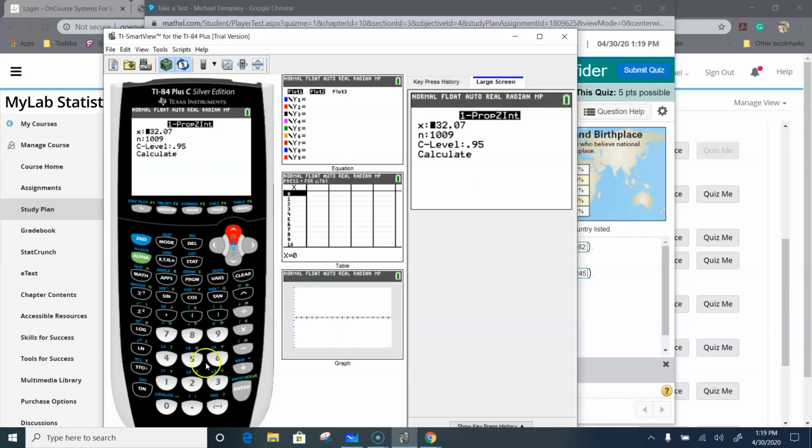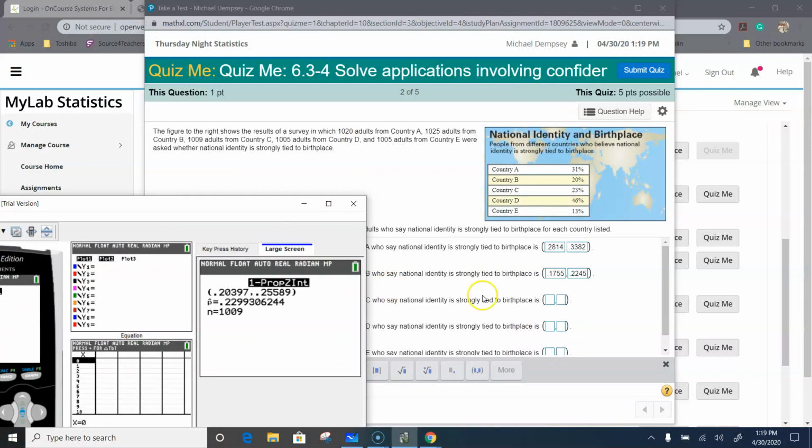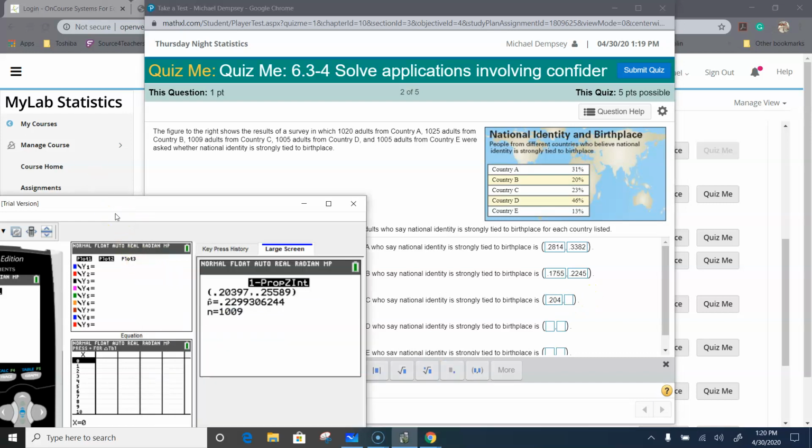So that should be 232. It's still 95. So I get 0.203. The 9's going to go up, so it's going to be 0.204. Up to 0.2559.